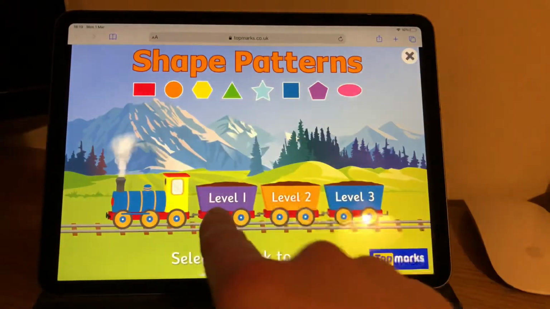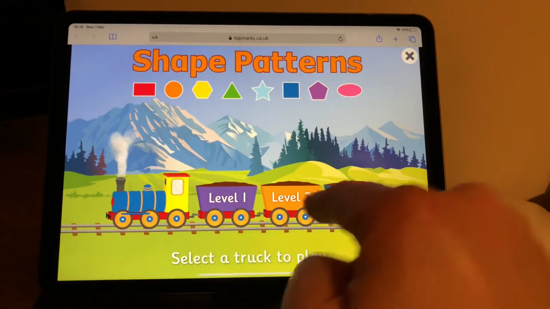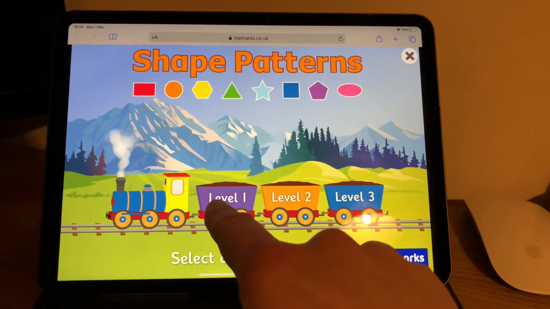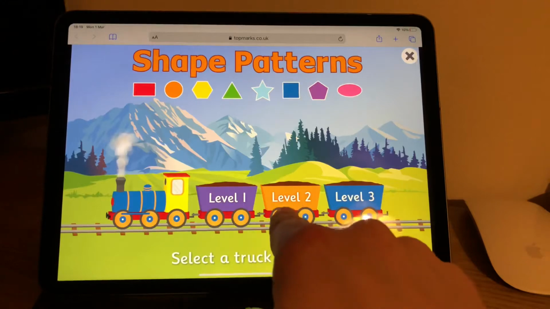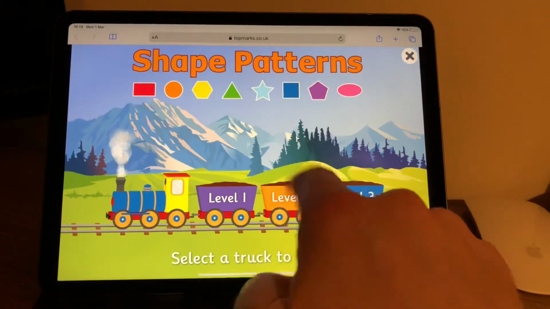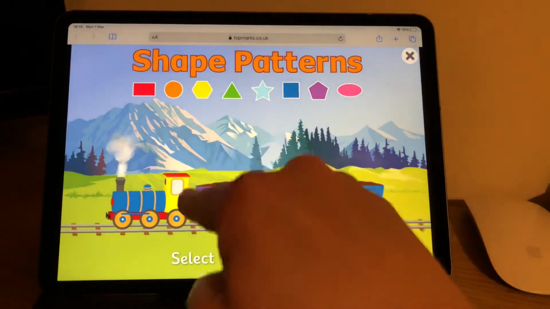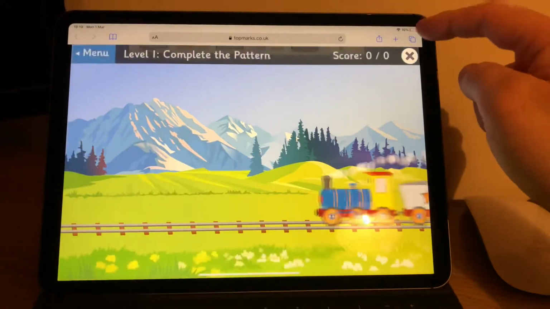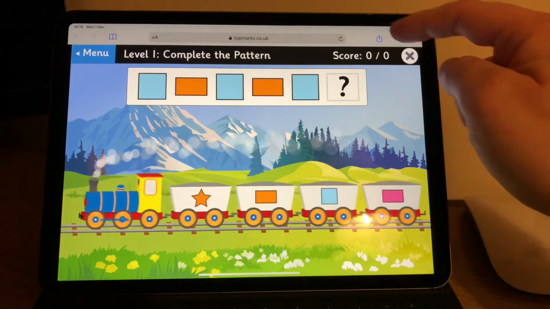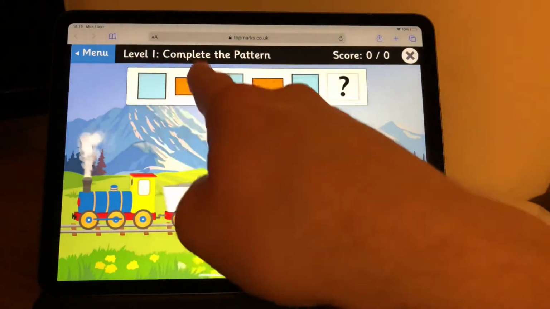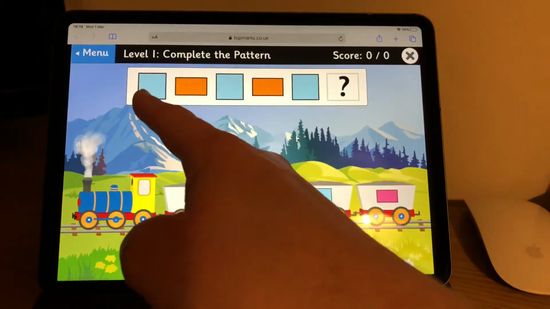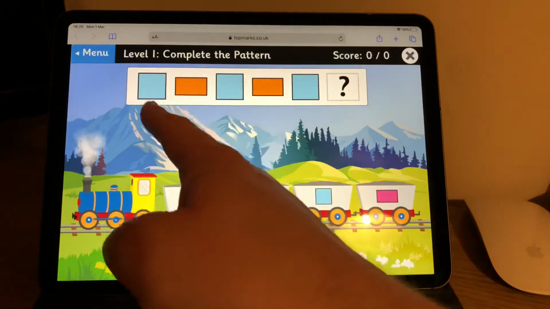Now, on our train, can you see it says level 1, level 2, level 3. So if you start with level 1 and you get on all right, you could come back and try level 2. And then if you're okay with that one, you could try level 3. Let's have a look at level 1. And then, can you see we've got a pattern up here? Can you describe the pattern to me? What does it look like?